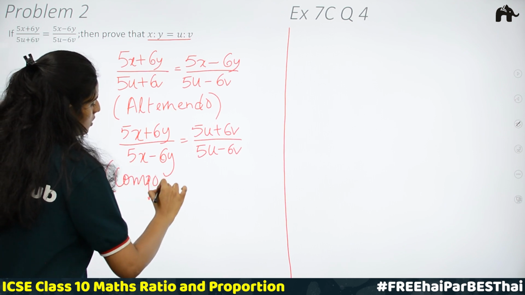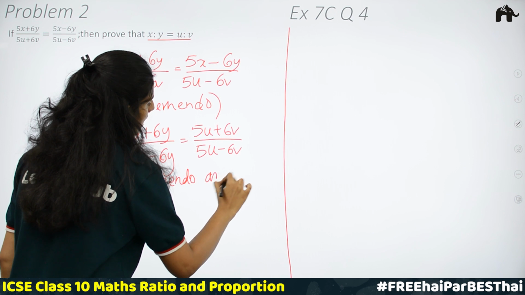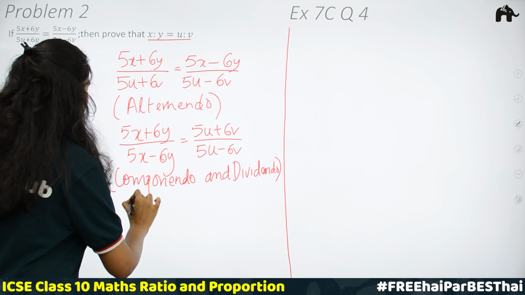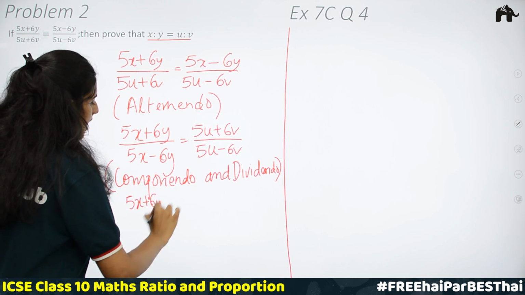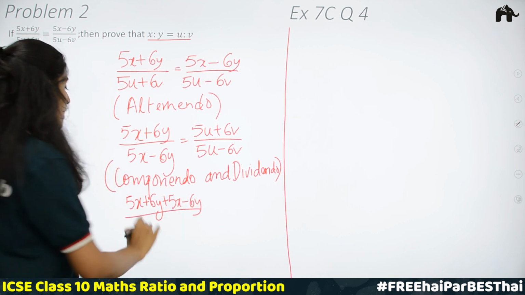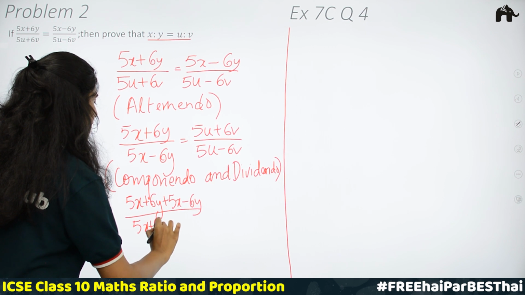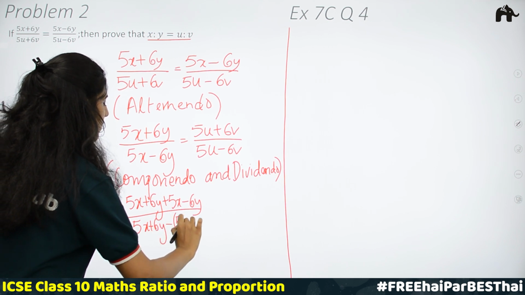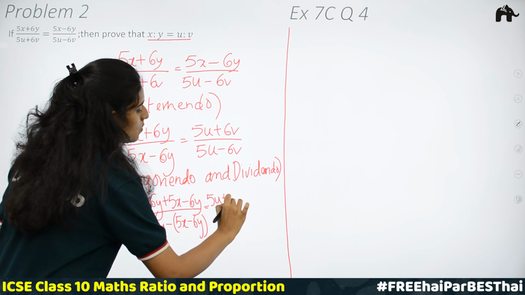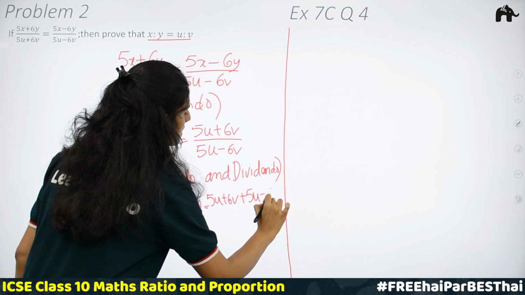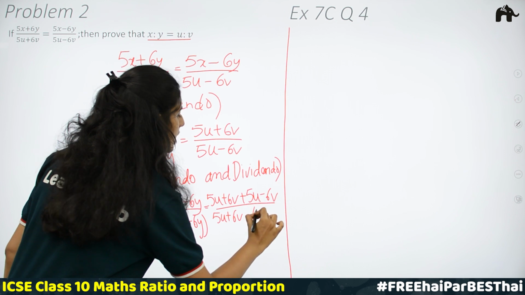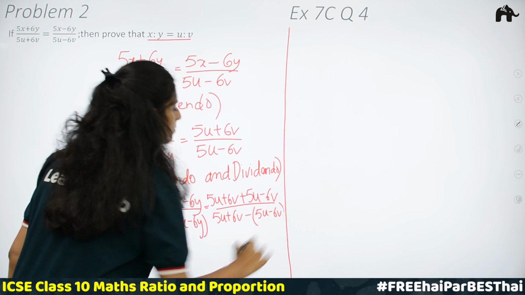Applying componendo and dividendo property, we get (5x plus 6y plus 5x minus 6y) divided by (5x plus 6y minus of 5x minus 6y) is equal to (5u plus 6v plus 5u minus 6v) divided by (5u plus 6v minus of 5u minus 6v).